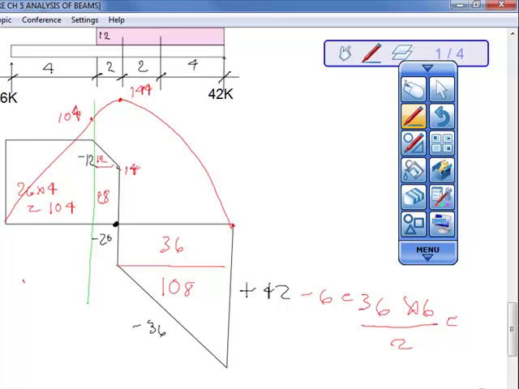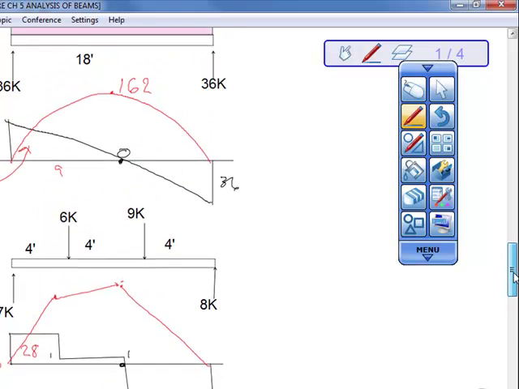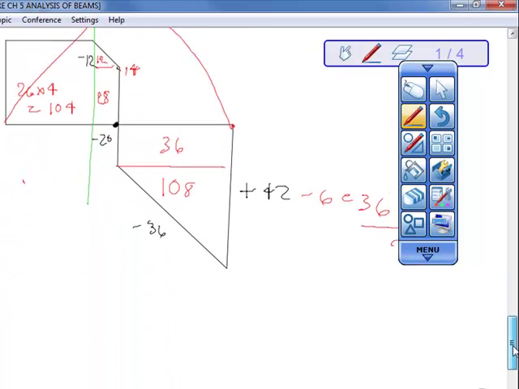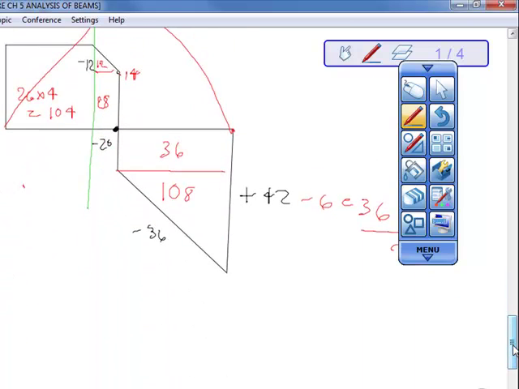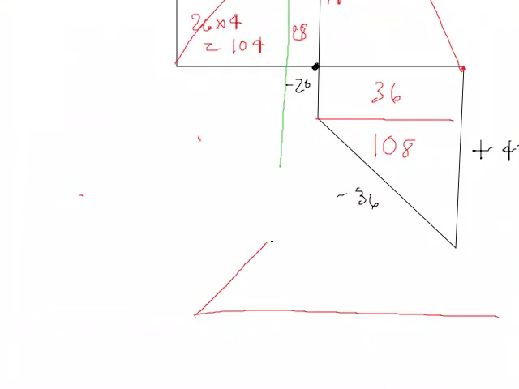The other thing to remember on these is that the inflection point is where the moment passes through zero. Sometimes you can have a moment diagram that goes up, then down, and then up again, and these would be the inflection points.